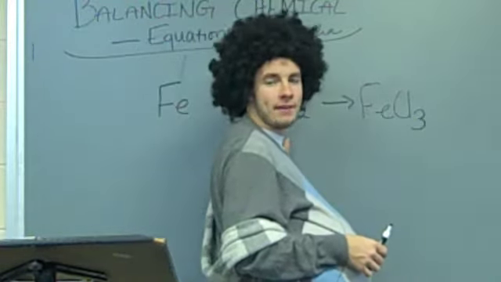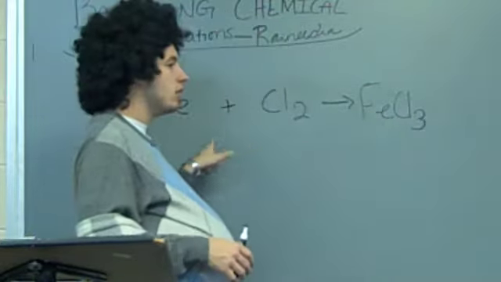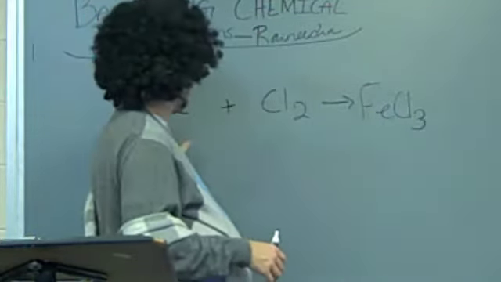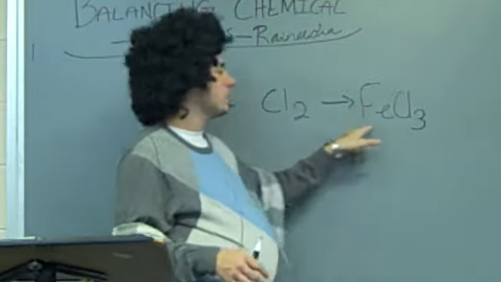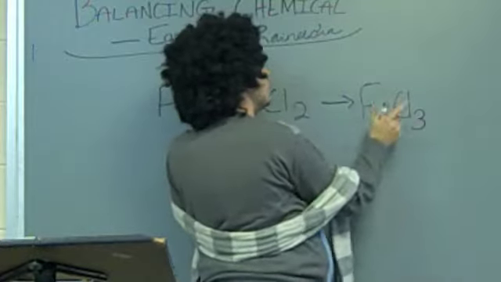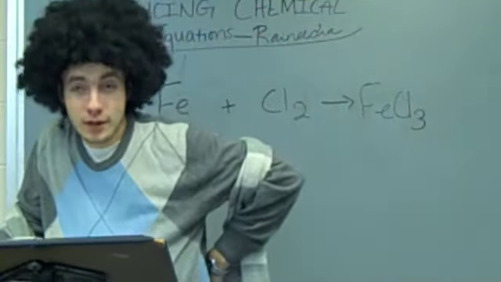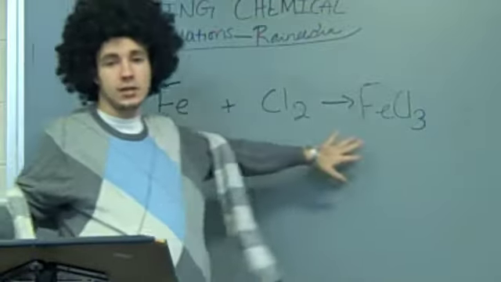Now you're gonna put Fe and Cl, and then Fe again. You got one Fe and one Fe, and then 2 Cl and 3 Cl. That's a problem, because they don't match, they don't add up.